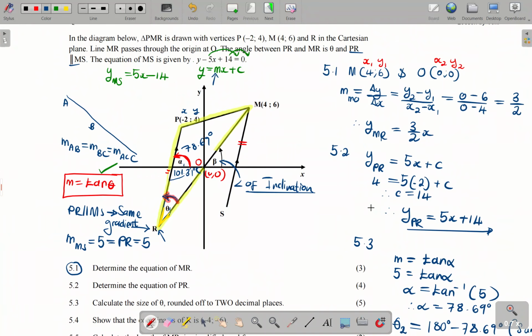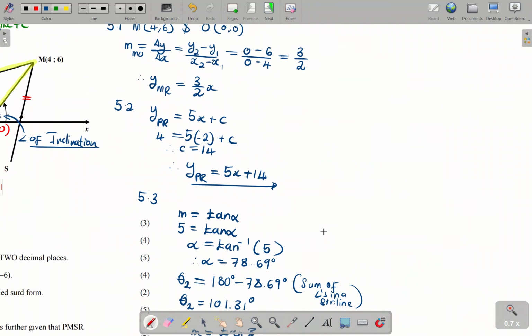So we have this angle to be 56.31. I'm just going to squeeze it there, guys. So to find theta, guys, we're just going to use the sum of angles in the triangle. And which triangle is that? This one here. Sum of angles in the triangle. So let's go back there.